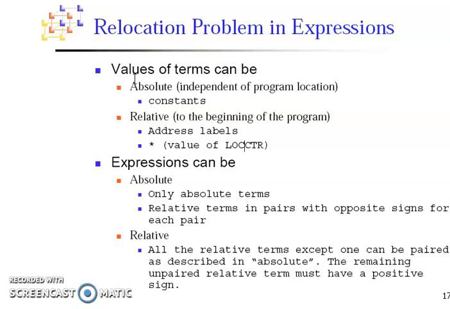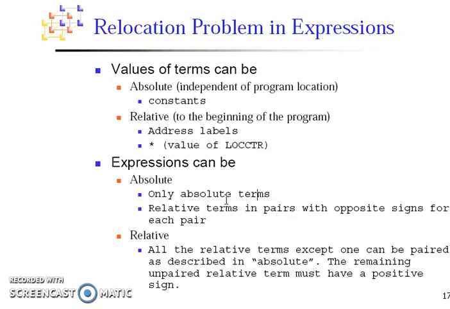So the values of terms can be absolute or relative, and similarly expressions can be treated as absolute or relative. An absolute expression has only absolute terms, or relative terms in pairs with opposite signs for each pair.